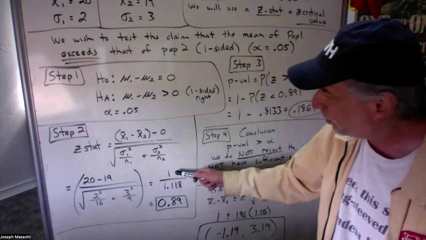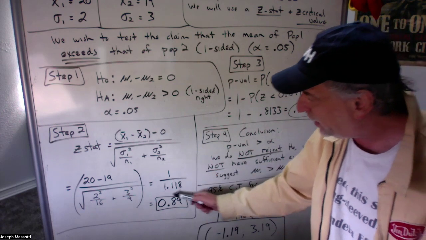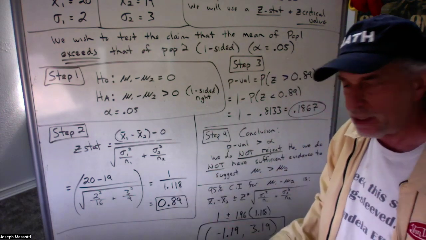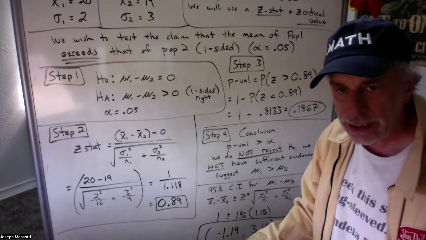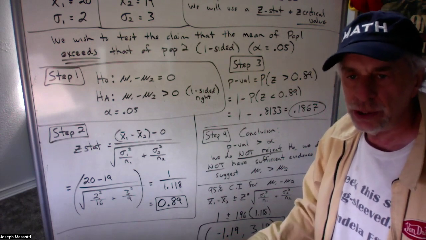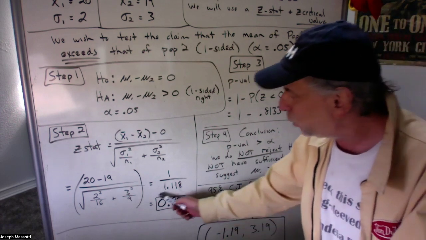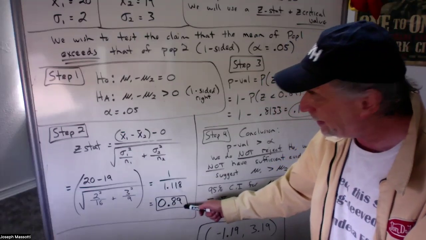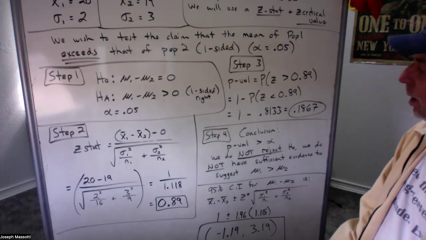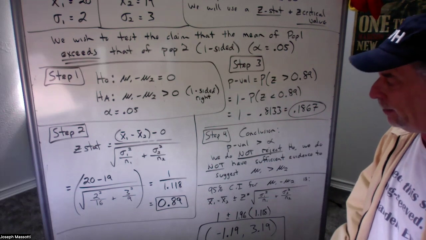The numerator is the number 1. You perform this ratio, and you end up, again, with 2 decimals because that's the way the table is set up. I don't want you to use your calculator for these. I want you to use the numbers in the tables. So we round that Z to 2 decimals, and we get 0.89.